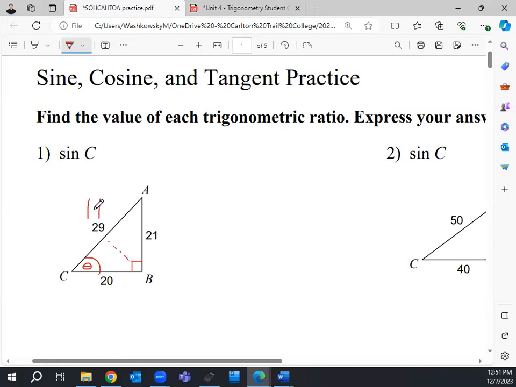So I'm going to label that with an H. Now, which one of these is going to be my opposite? It's 21 because it's opposite of the angle that I'm trying to find. And then finally, my last side has to be adjacent, right? Adjacent's always whatever you got left. So the first step I do is I just label my triangle. This is not new to us, just a quick refresher.